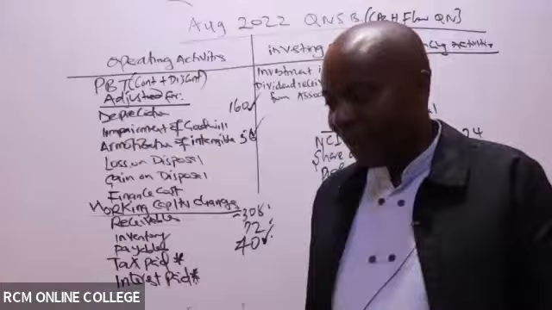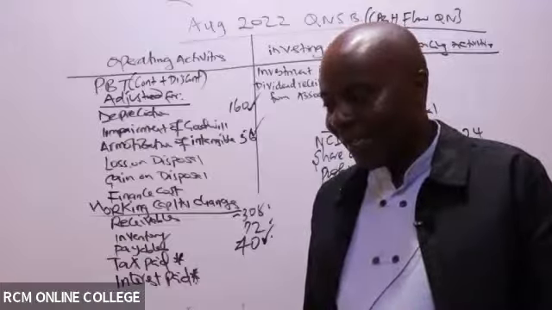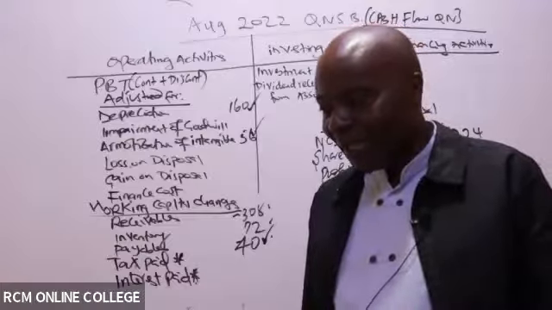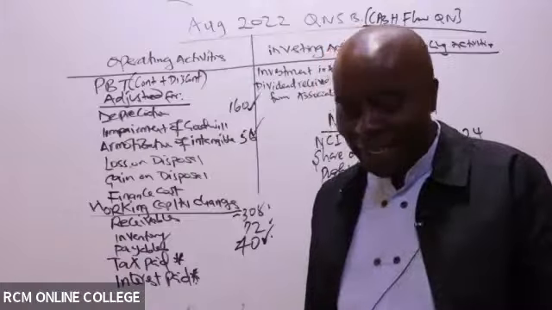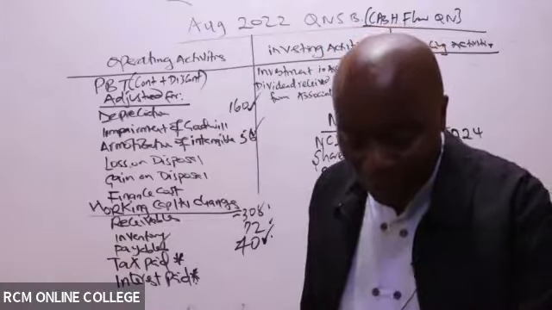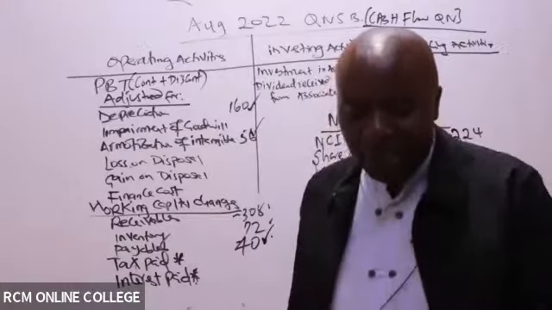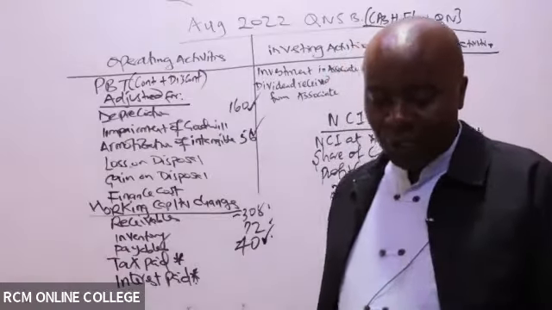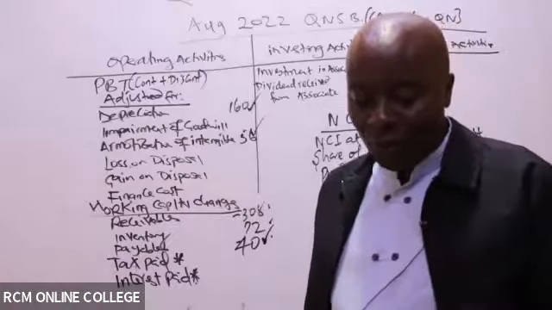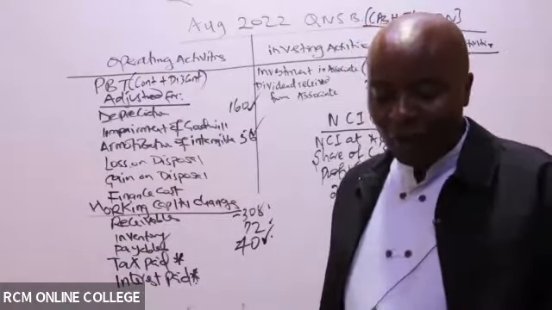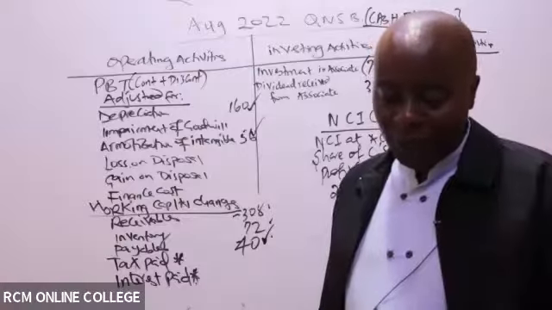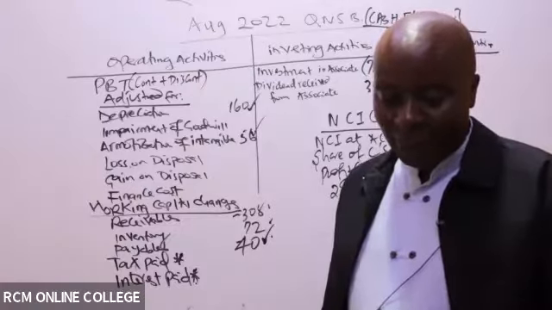So in the P&L, we are given a figure of what here? 88, note number 4. They are telling us note number 4: the loss for the period from discontinued operation in the consolidated statement of profit or loss and other comprehensive income relates to C Limited and is analyzed as follows.